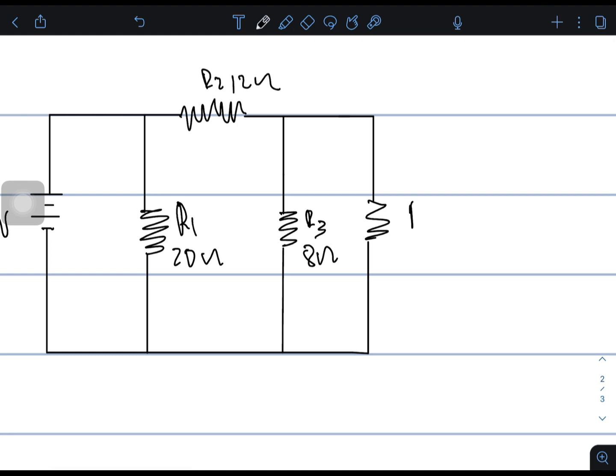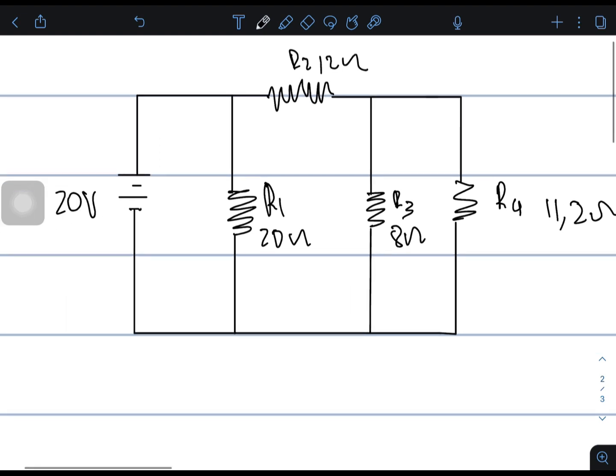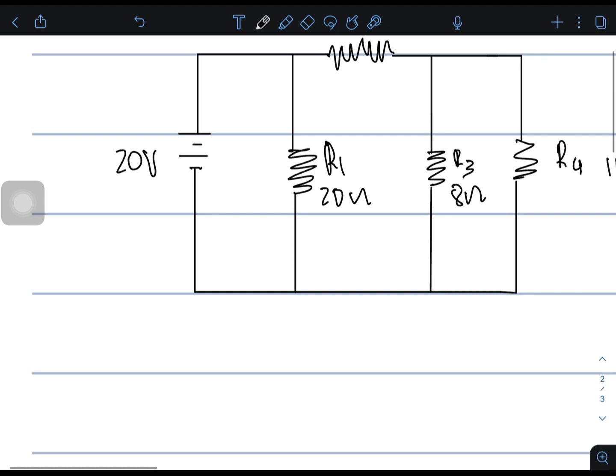Then we are given R4, which is 11.2 ohms. The question says calculate the current flow through R4 making use of Thevenin. So they want us to calculate the current through R4.